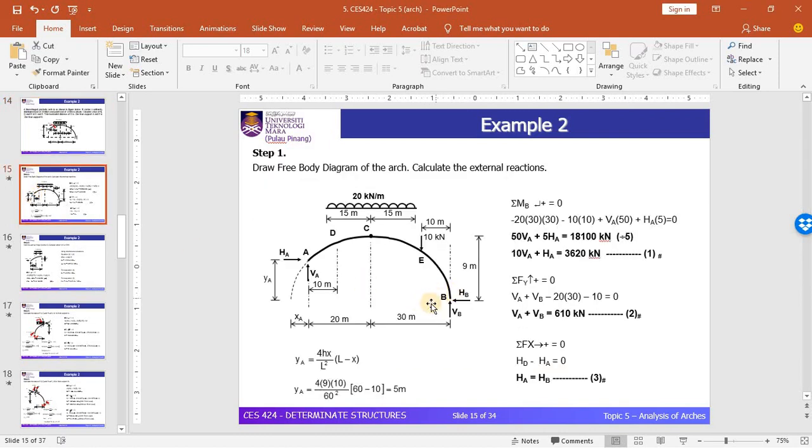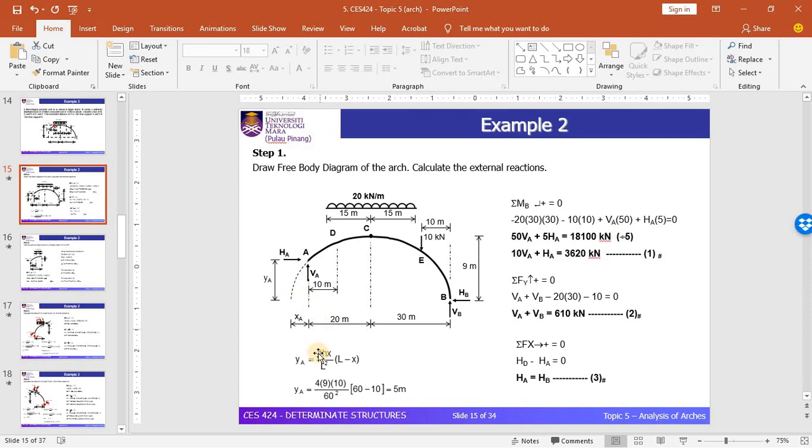As usual, you need to solve for the reactions of the arch. Right here you can see that there is a step where you need to find the height YA at point A. The reason why you need YA is because you need to use this height in order to solve the reactions in the arch.